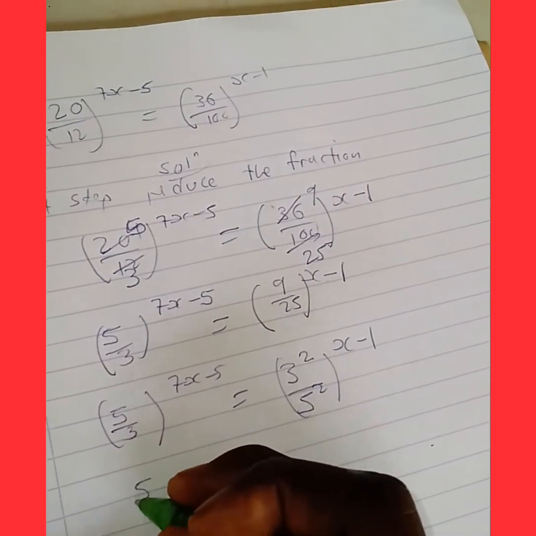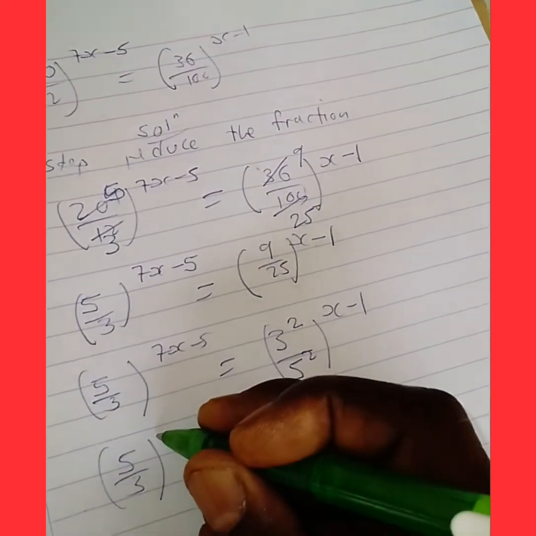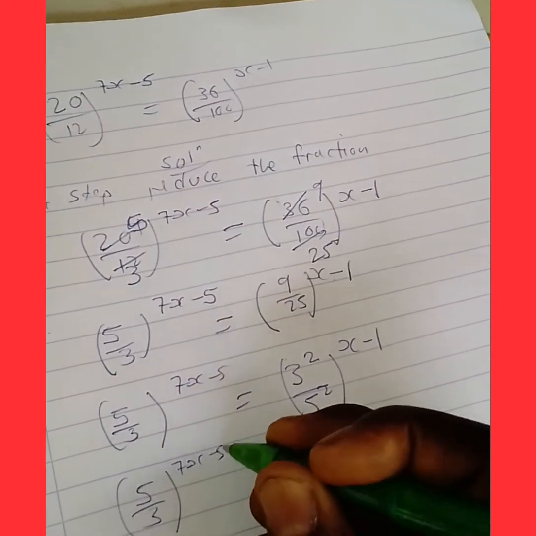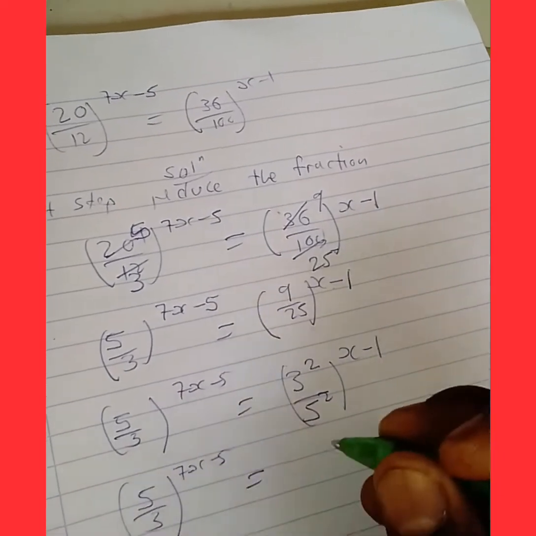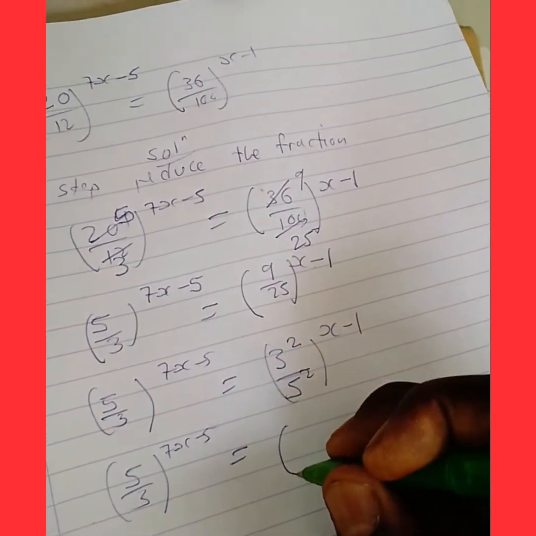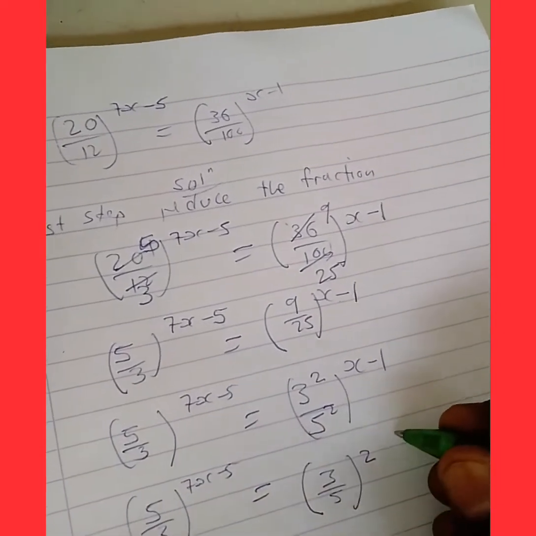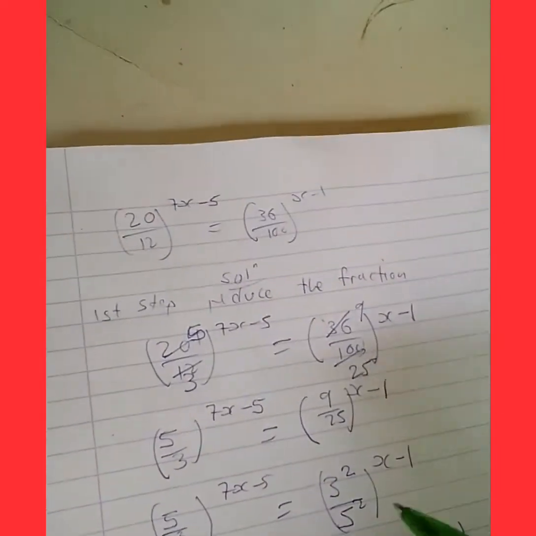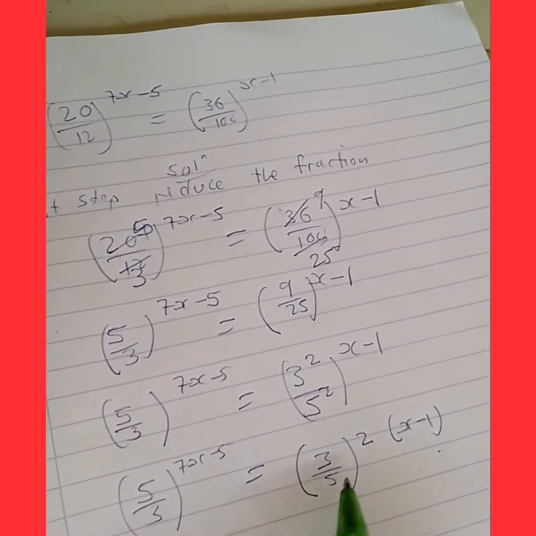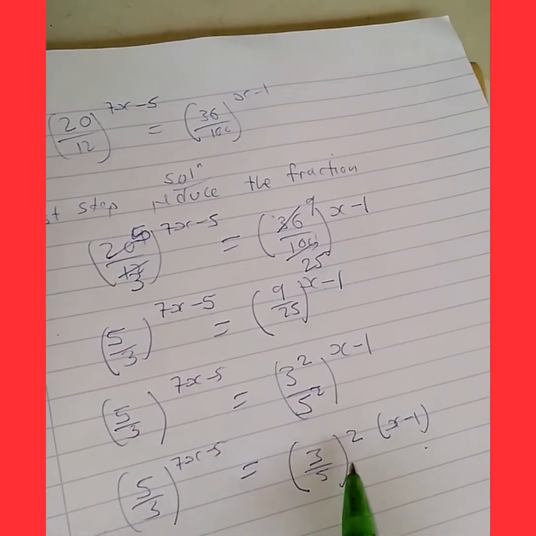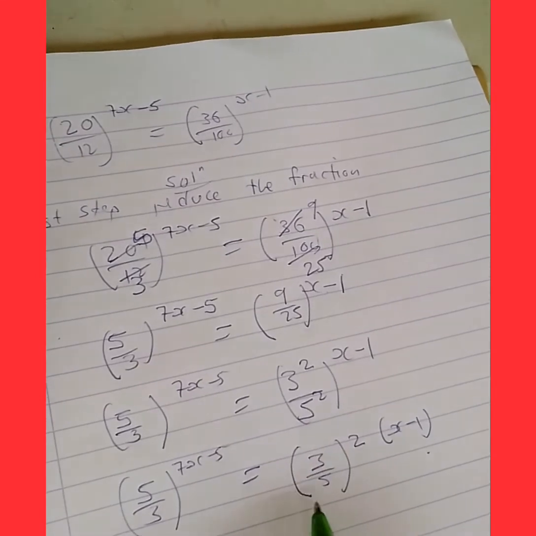Then we have (5/3)^(7x-5) equals, we maintain one power by saying (3/5)^2. (3/5)^2 is the same as 3 squared over 5 squared. This square is affecting both the 3 and the 5.